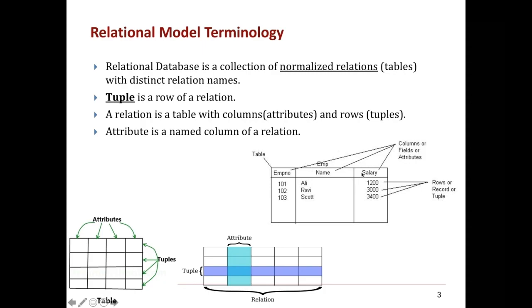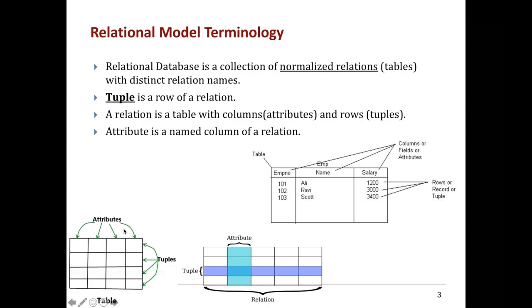I'm repeating this thing from our lab just to refresh you. Then we have rows, and this is one row, first row, second row, and third row. Other names of rows are records or tuples.